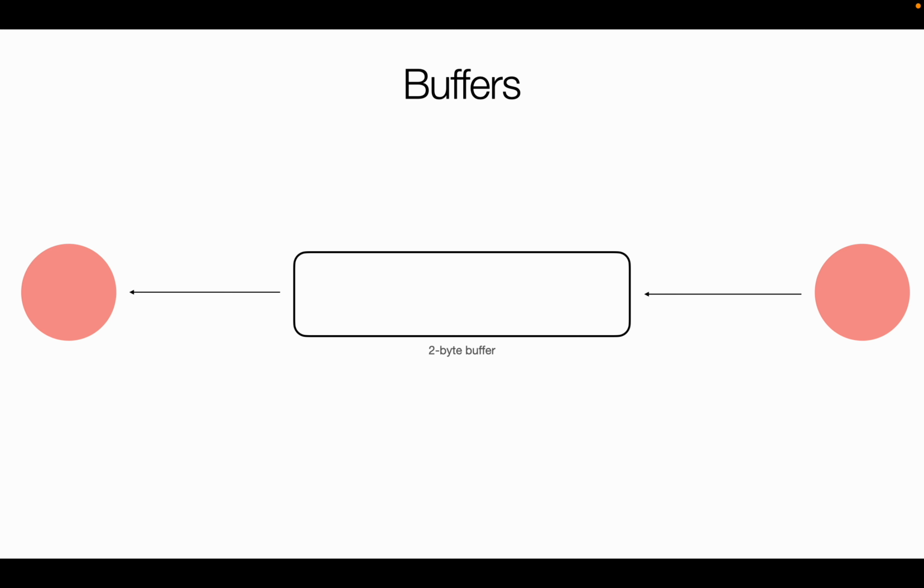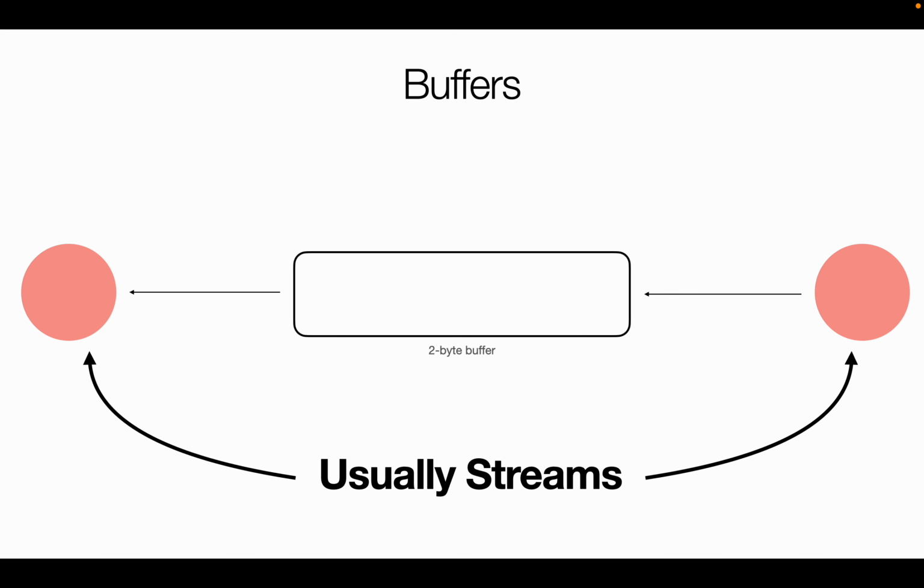Now, these places that we talked about are usually streams. And it's coming up next in this course. We have a video dedicated completely to talk about streams, because streams are also a crucial concept in Node.js, and we will dive deep into it and really understand what is going on behind the scenes.